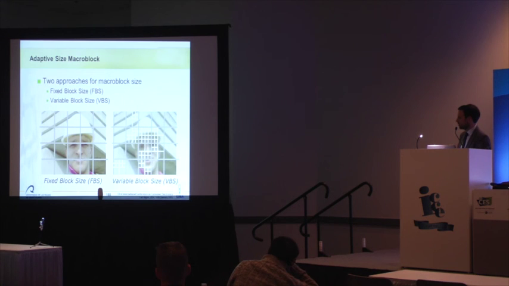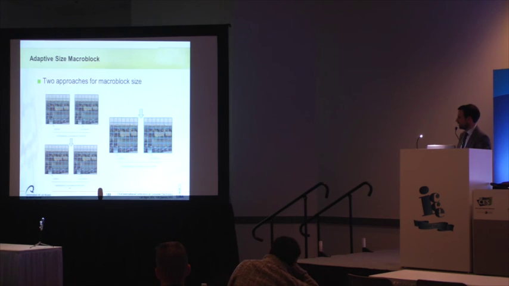As I said before, the most important is to define the thresholds that we are using in the process. In this case, we are using a combination of SSIM and the mean absolute difference. With this combination, we decide if a block must be divided or not.